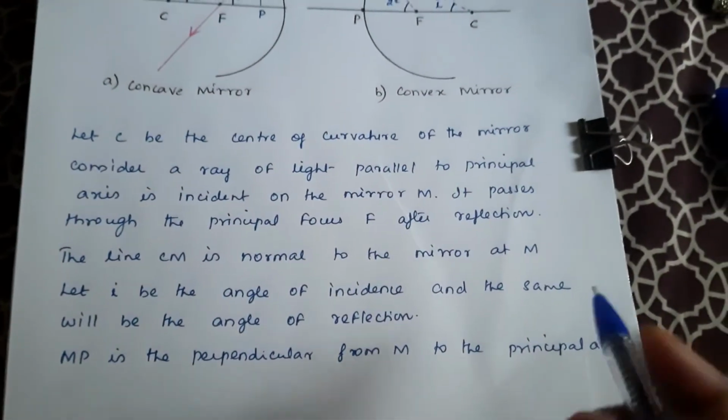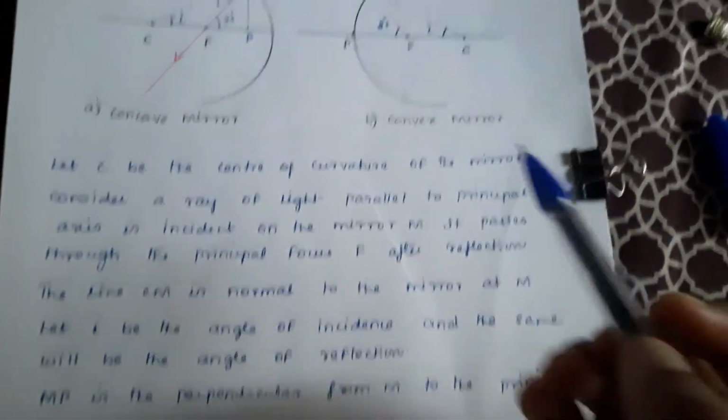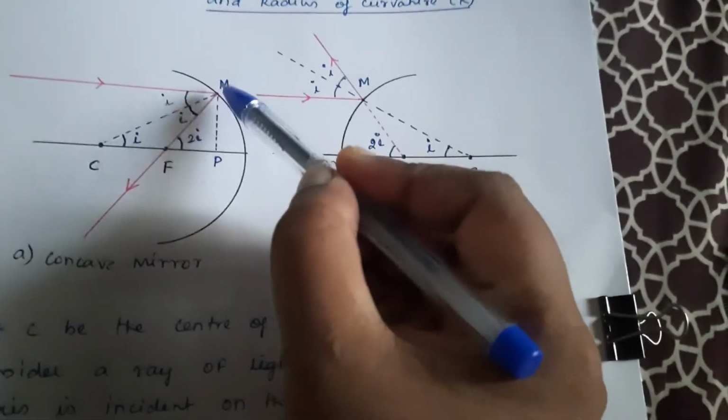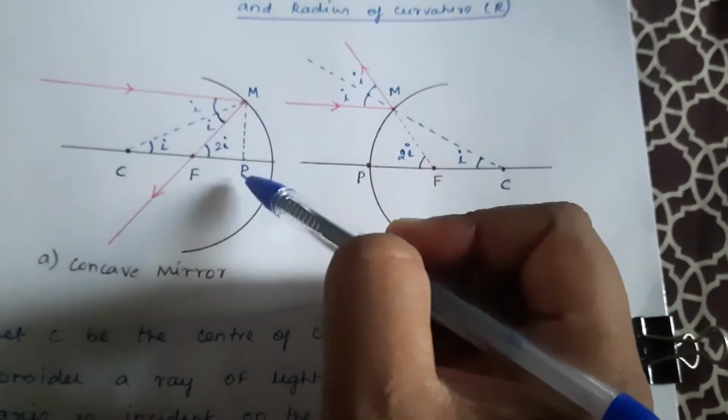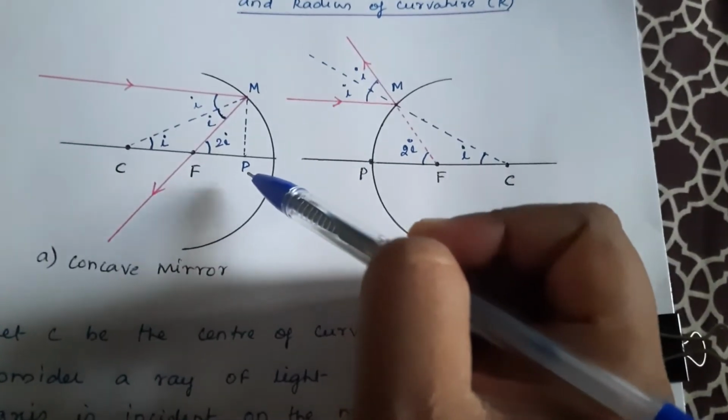Now, MP is the perpendicular from M to the principal axis. From M, I am drawing a line to the principal axis and naming it MP.